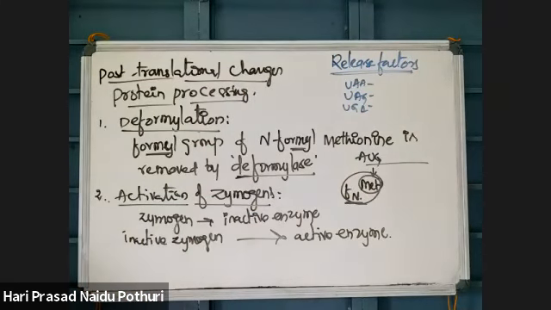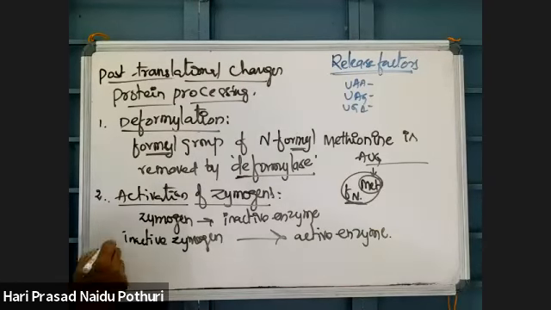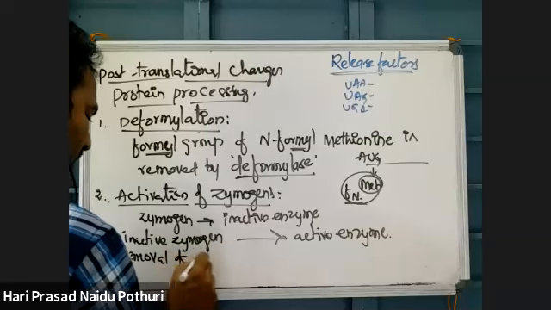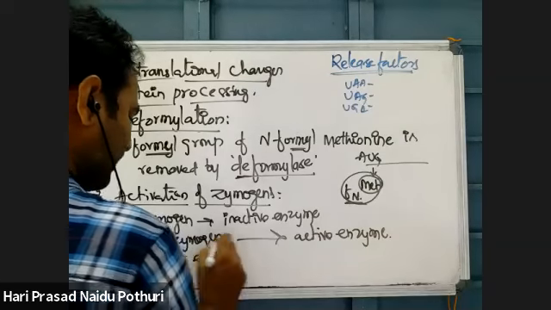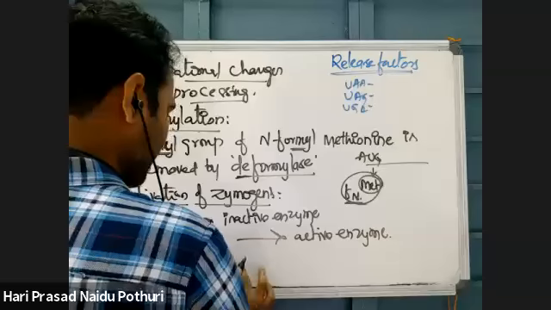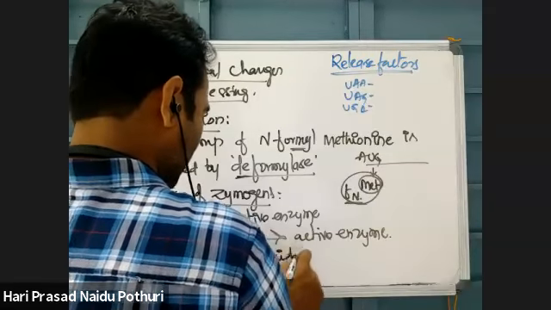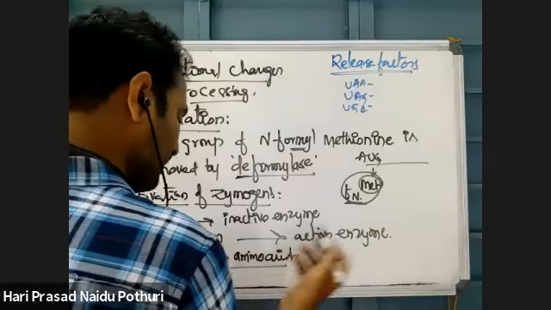This conversion of inactive zymogen into active enzyme may need some processes like removal of some amino acids. And here also there may be splicing. That splicing we can say is removal of excess peptide or excess amino acids.